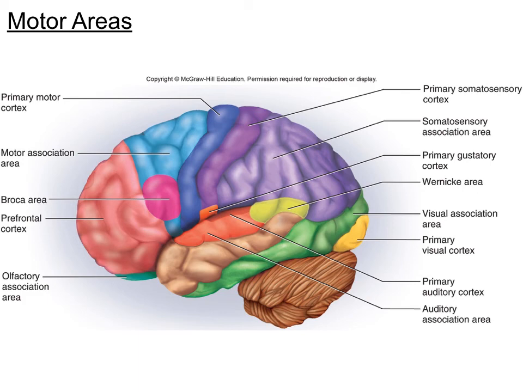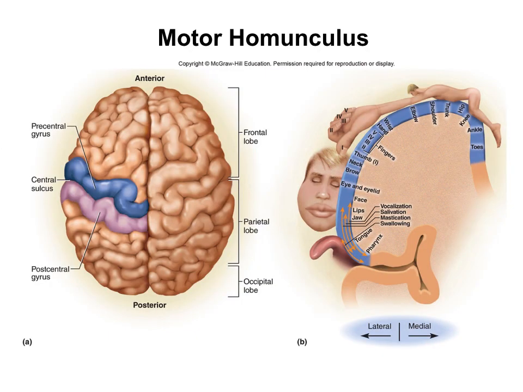So it's the entire dark blue fold on the image in front of you. Now, its function is to give voluntary skeletal muscle control. So every single skeletal muscle can be consciously triggered to contract using commands coming out of this fold. The reason that this area has the ability to control all of those skeletal muscles is that this fold has a motor homunculus.